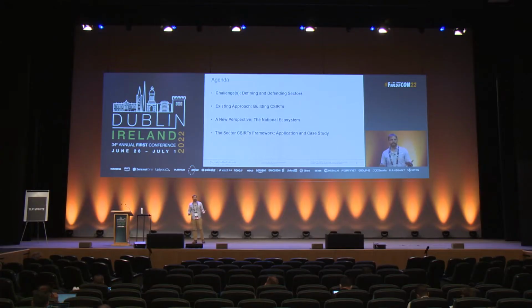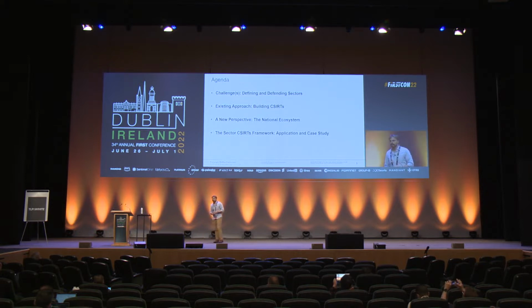And that's what led us to our new approach, which is this framework that we've developed and we hope to share with everyone. This new approach is centered on what we call a national cybersecurity ecosystem. So we'll talk about what that is and why it's important when you're developing a Sector CSIRT. And finally, we'll talk a little bit about the framework itself, what's in it, what isn't in it, and how hopefully you can use it when developing these sector-based capabilities, right?